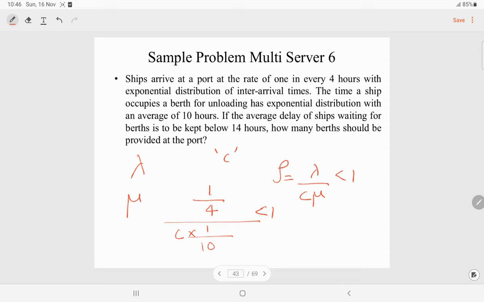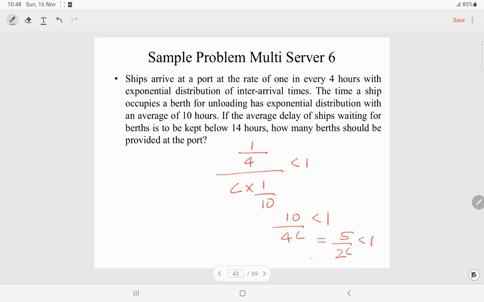Solving this, we get 10 by 4C is less than 1, that is 5 by 2C less than 1. That means C has to be greater than 5 by 2, that is C should be greater than 2.5. Since it's a berth, we need a whole number. So first we will check with 3. Substituting C as 3, we will determine the value of WQ.